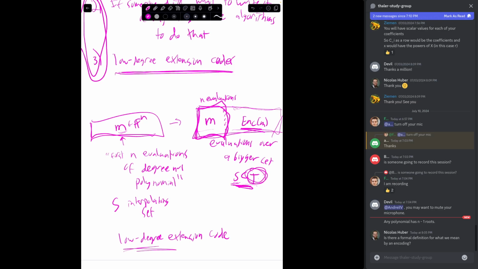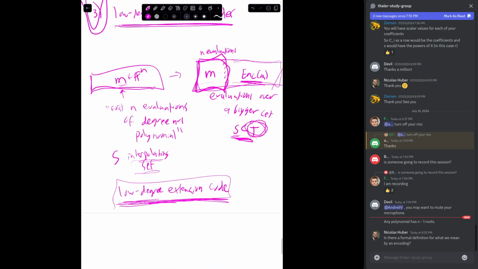So if you want to be very precise, saying that the way we're interpreting M as a univariate polynomial is to think of M as listing the polynomial's evaluations over an interpolating set, then if you say low degree extension code, it's crystal clear that that's what you mean. If you say Reed-Solomon code, that might or might not be what you mean.